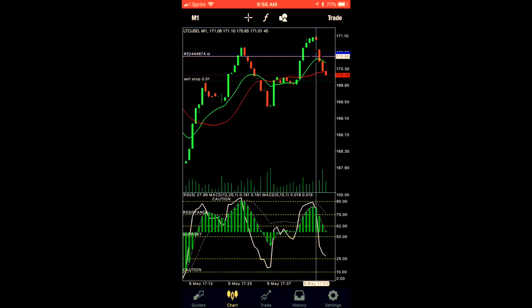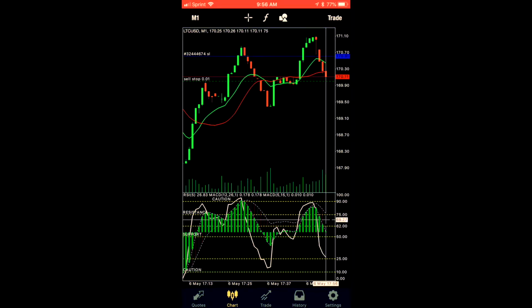But as you can see down here in the MACD, the buy is losing momentum. You can see how the short is taking over the buy, so that's letting me know that it's about to cross over. You can also tell because of how sharp it is.